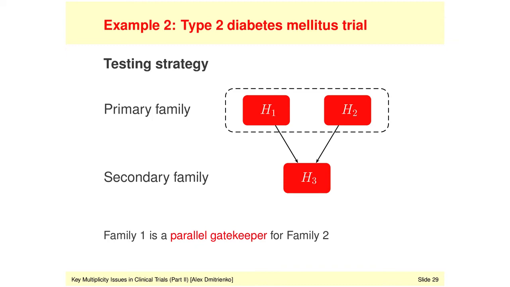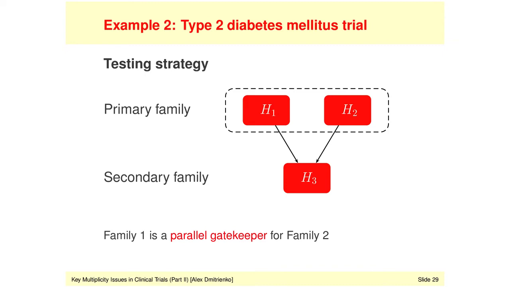This diagram shows us that within the primary family there are two hypotheses, and once again within the secondary family there is just one hypothesis, H3, and since the primary family serves as a parallel gatekeeper for the secondary family, it is sufficient to reject only one of the two hypotheses, H1 or H2, included within the primary family, and to represent graphically this testing strategy, I connected the hypothesis H1 to H3 using an arrow, and also there's an arrow that connects the hypothesis H2 to the hypothesis H3.